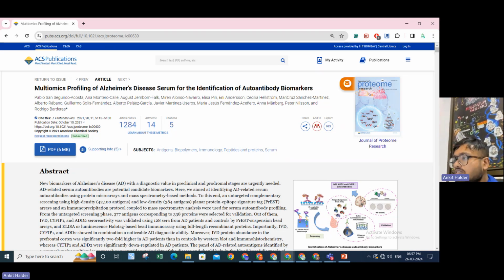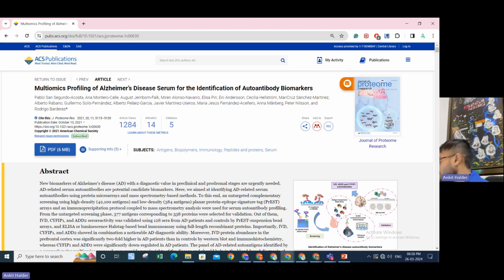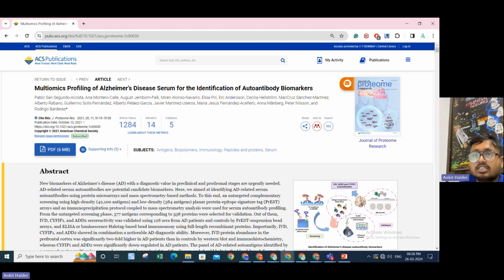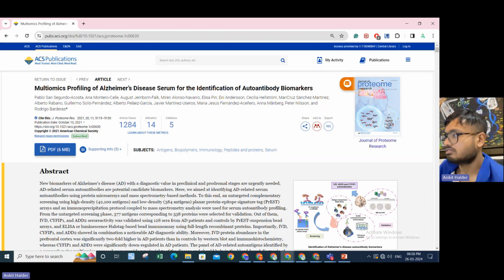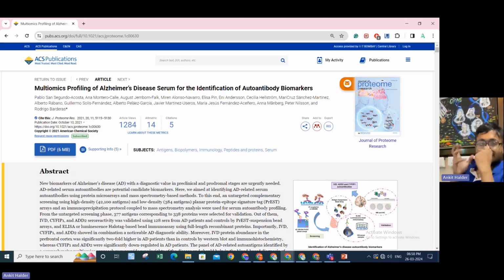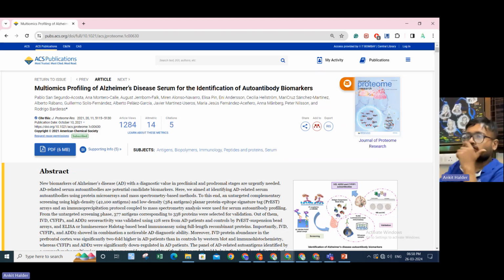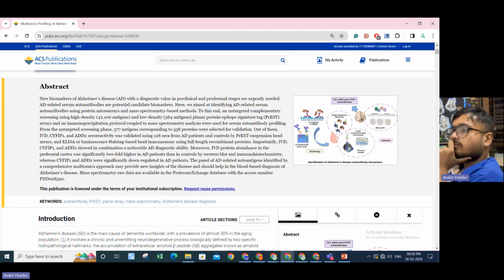For the identification of autoantibody biomarkers, when the disease persists, there is a change in the proteins and the protein expressions, which leads to the body recognizing them as foreign proteins and generating antibodies. So here, new biomarkers of Alzheimer's disease in the preclinical stage are identified.